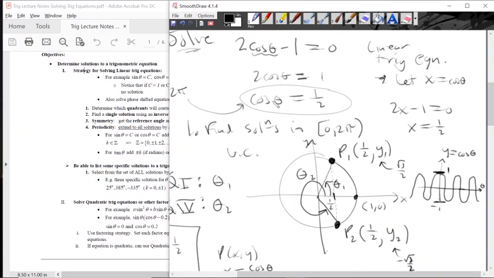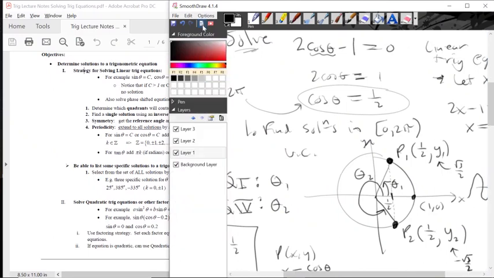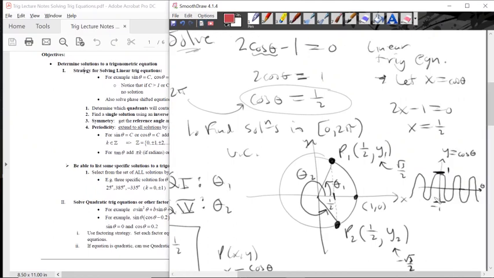Well, then, when is cosine theta equal to 1/2? You want to also consider the graph of y equals 1/2, because cosine theta is equal to 1/2 when the y value of the curve is equal to the y value of this line.